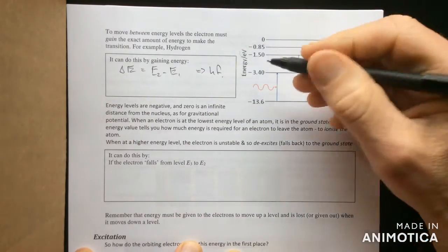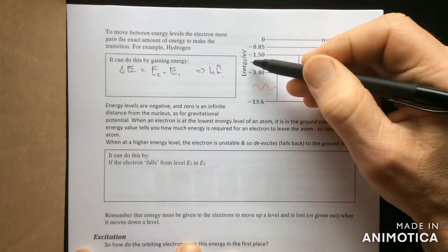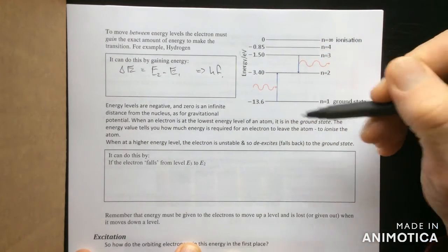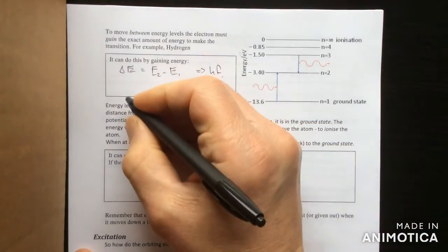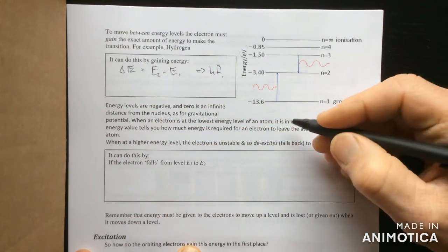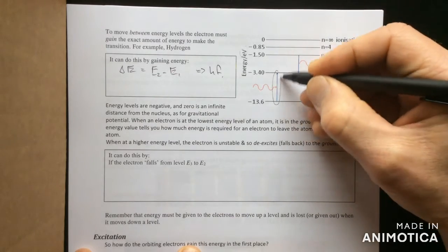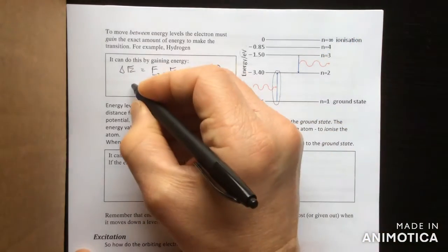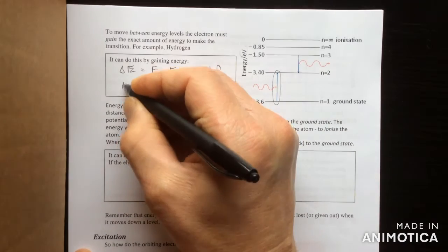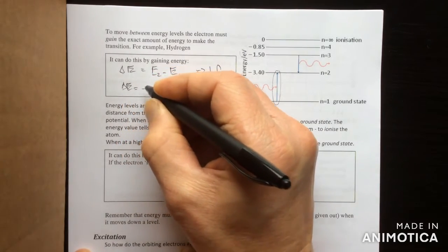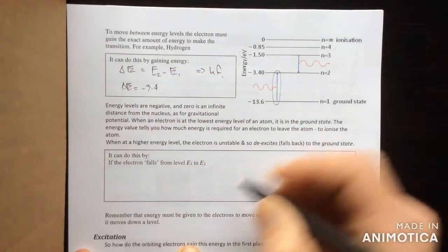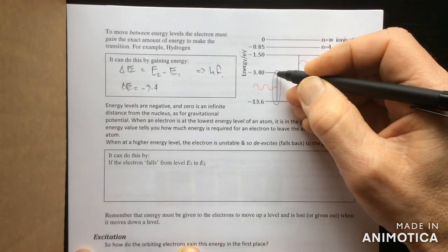Now just remember, for light and photons, it's fairly low energy for most of the stuff that we're looking at, so it's in electron volts. If we take the example of this one here, we have a change in energy of minus 3.4, which is where it ends up. So that's our second one.